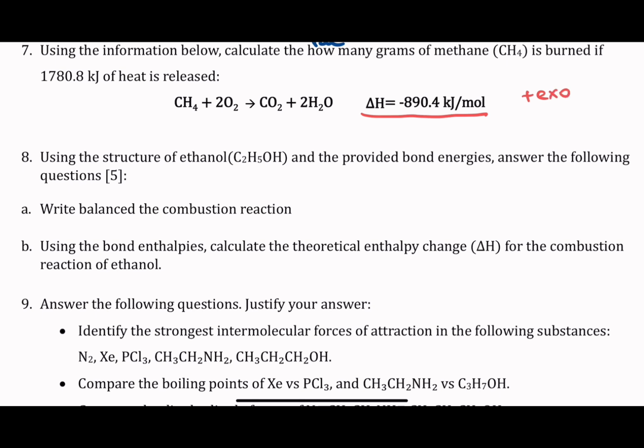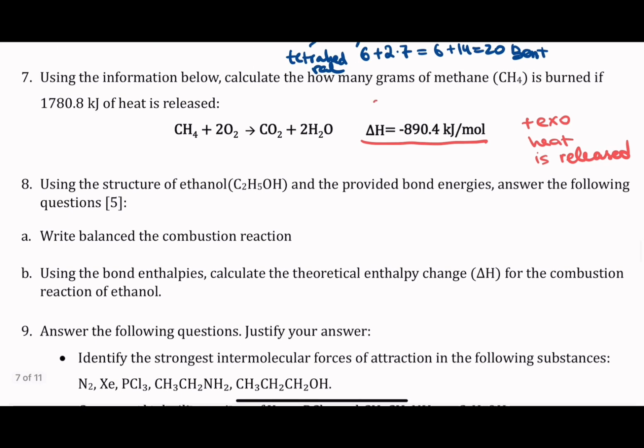And in here we know that heat is released to outside. Now it's telling us, and we know that Q is just a positive number in here. Now, if we have this much heat released, how many grams of methane is burned?